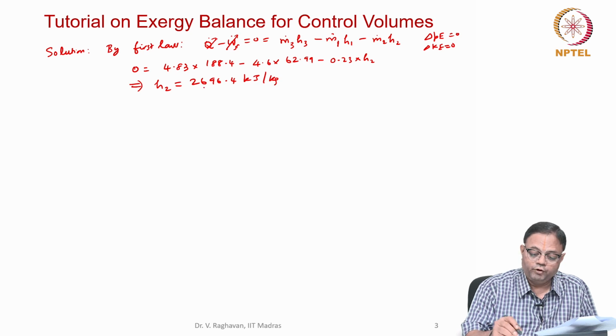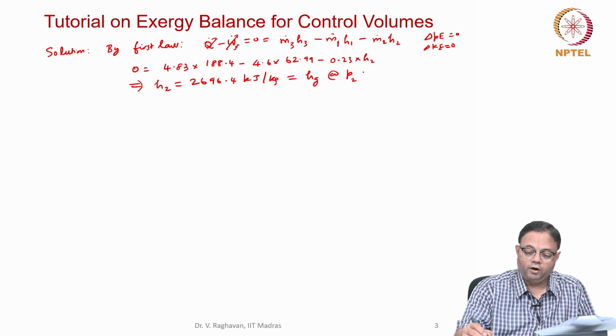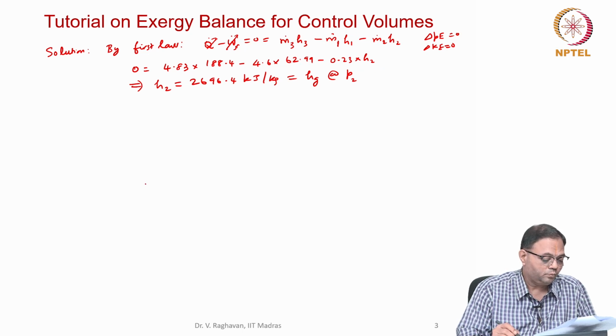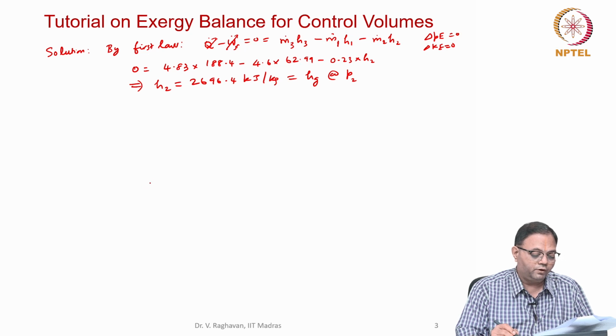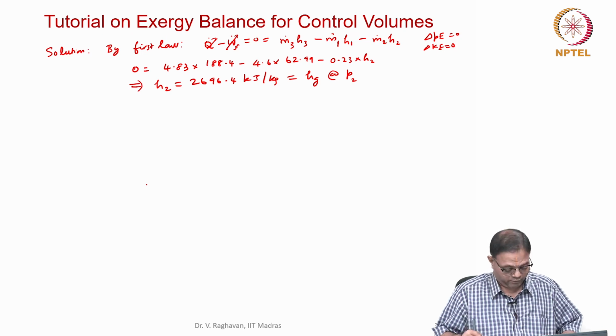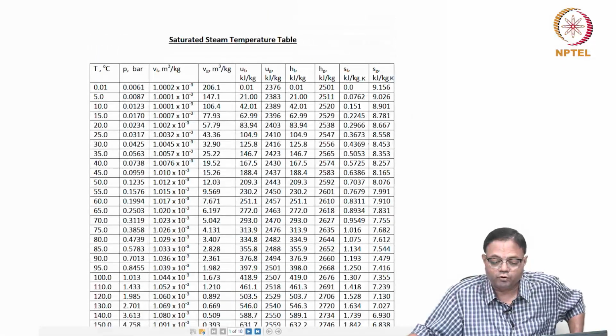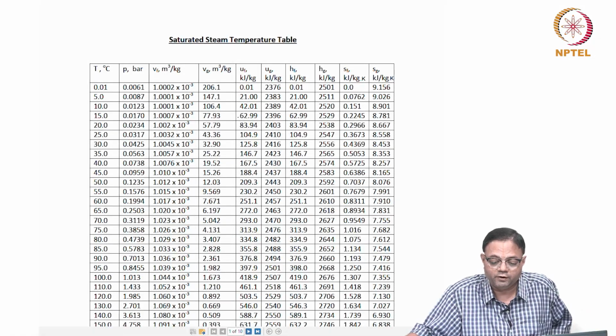Okay, now we know that this should be Hg at P2 or the steam pressure. Okay, now how will you get this? You go to the tables, basically 2696 is the value. So if you take this table, you concentrate on the Hg values here.